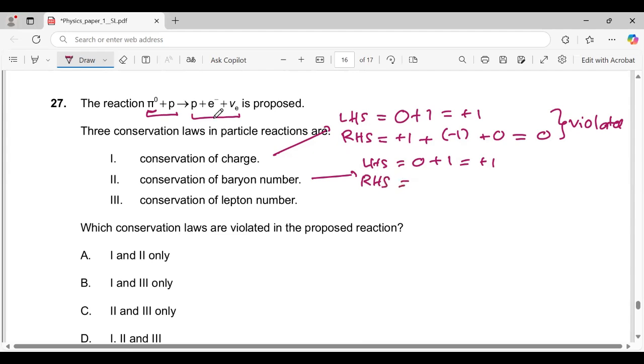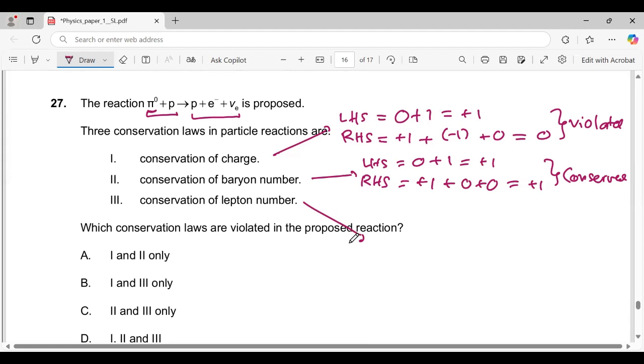Right hand side: the proton has baryon number one, and the electron and the neutrino have no baryon number, so zero, zero, giving positive one. So it is conserved.